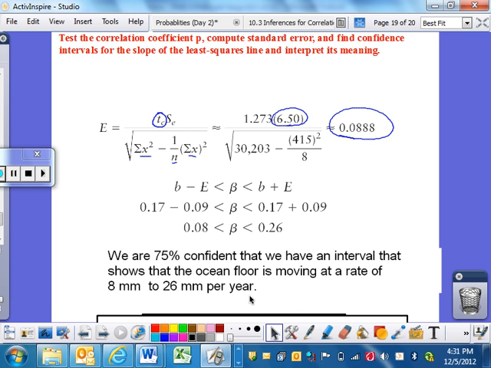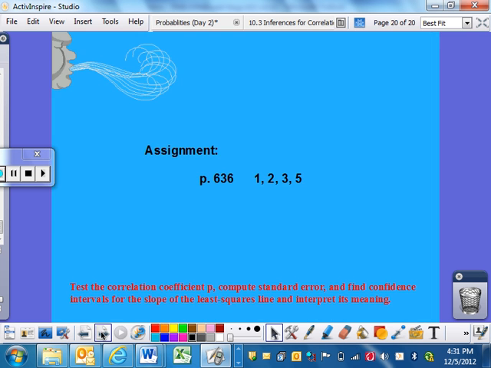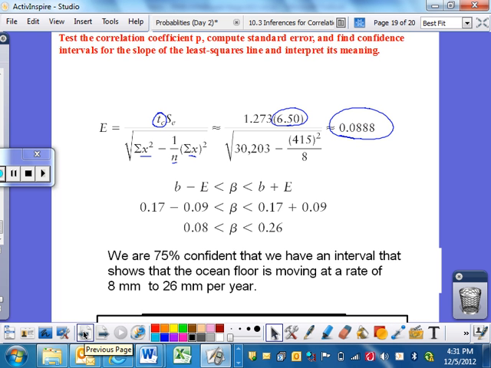Okay? So I know that's a lot of things to get through. I know that seems like a lot of information. But if you follow through, and if you look at some of the problems, which we'll do one in class, you're going to find there are multiple different levels for each part. You're either going to test the R, or the rho, or your correlation coefficient.